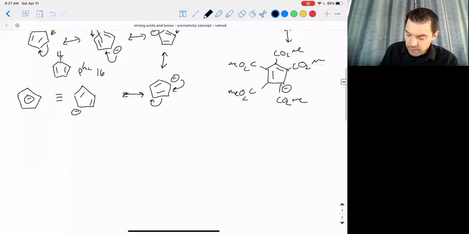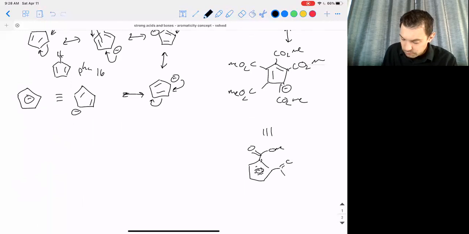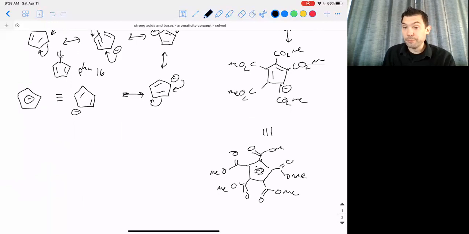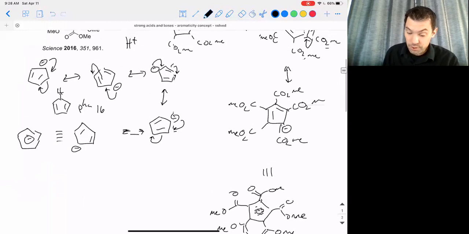And so if we continue that, maybe what we'll do instead is just put that negative charge dotted all the way around with the negative in the middle here. And because each of these then have a carbonyl hanging off of them, each of these structures then can also delocalize that charge into the ester, just like where we started with.